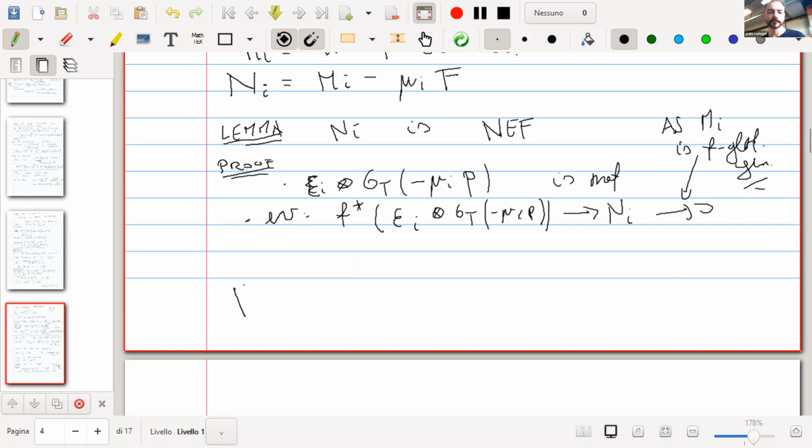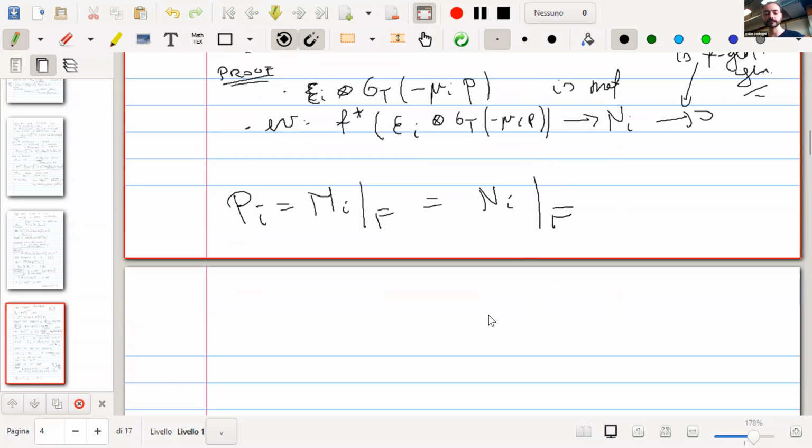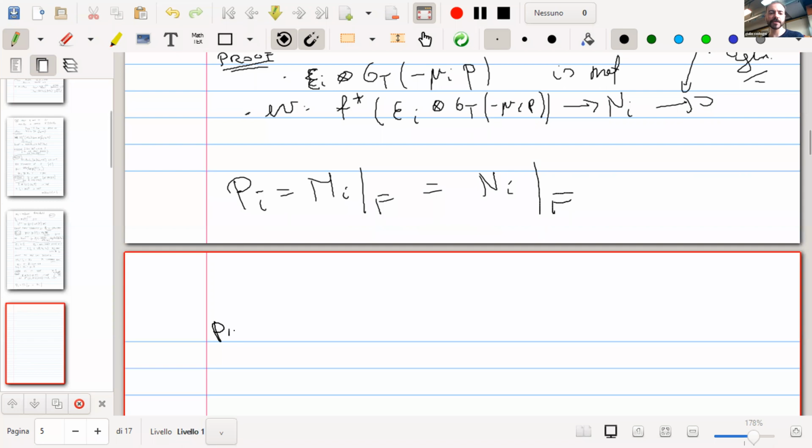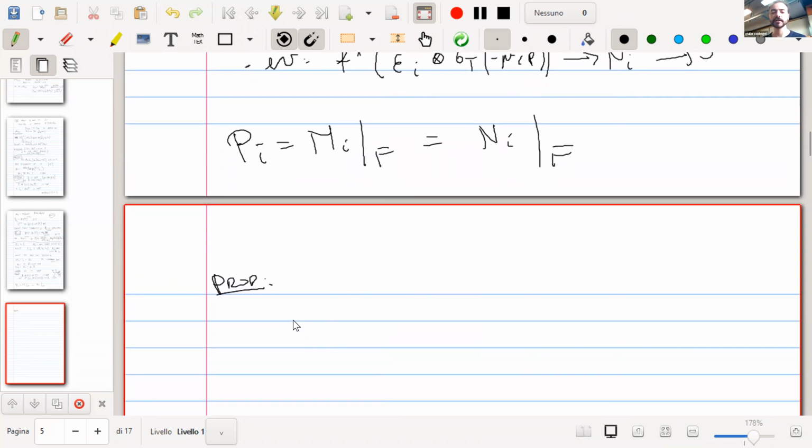No, that's okay. So now you let P_i be M_i restricted to a fiber F, which is equal to N_i restricted to a fiber F. And now we have a proposition. I will show you it on the paper, the more general things.